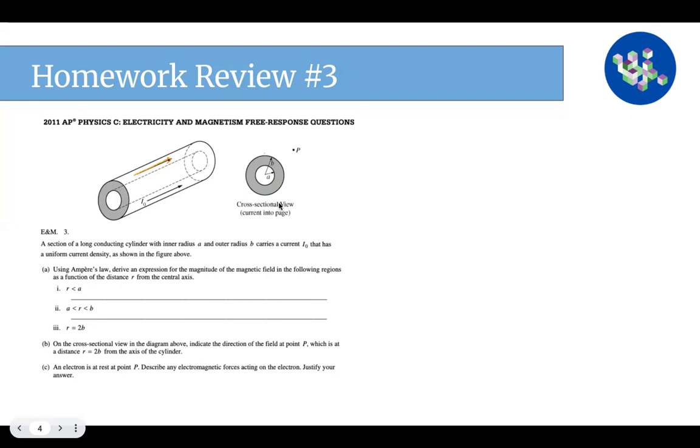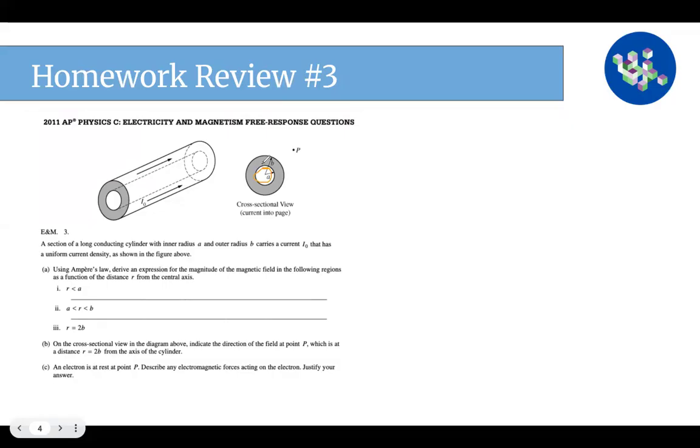So if I'm looking at this cross-sectional view, if there was a magnetic field, it wouldn't point into or out of the page. It'll have to point in the plane of the page. Because remember, if I have a current, I do my right-hand rule, the magnetic field is going to be perpendicular to your current.